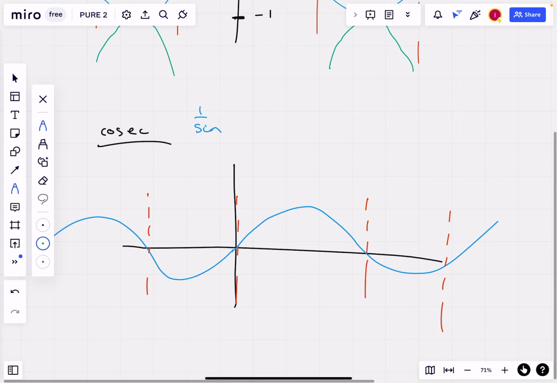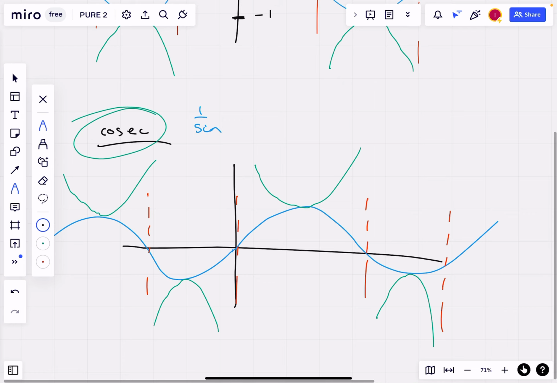And then you draw the inverses. Or like the mirror image, I guess. Something like this. Doesn't have to be exact. As long as it gets the point across, that's all you need. So everything in green here would be cosec.